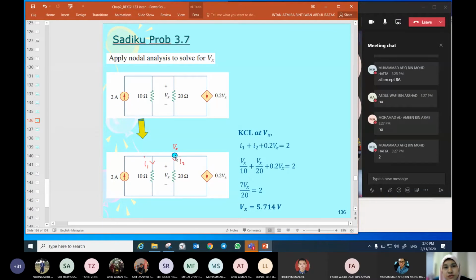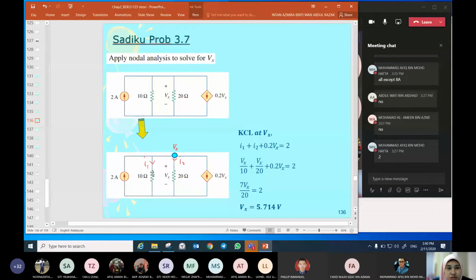The next step is to assign the flow of current. Again, up to you. You can make it enter the node, or leave the node. I always make the current flow to ground.